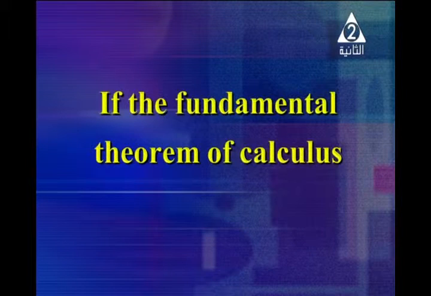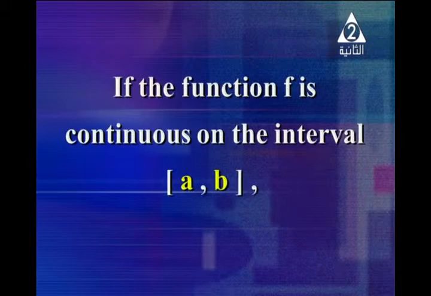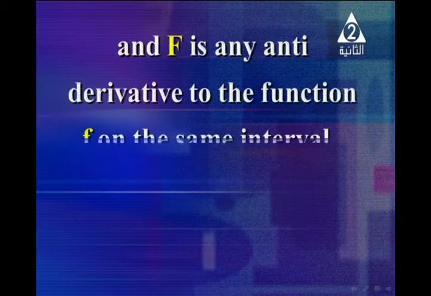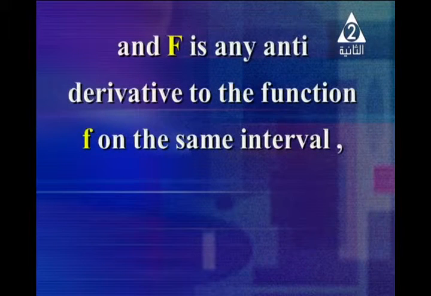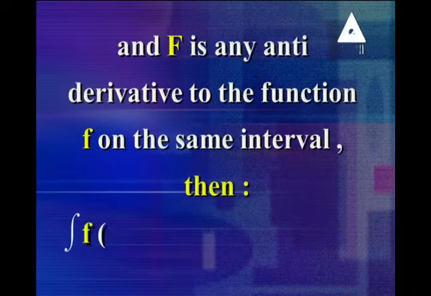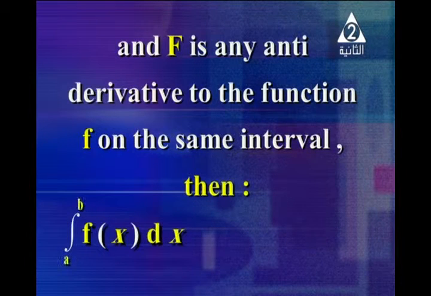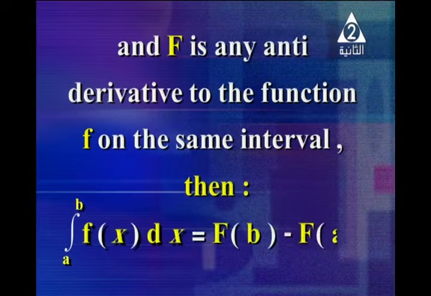The fundamental theorem of calculus: if the function f is continuous on the interval [a, b], and F is any antiderivative of the function f on the same interval, then the integration of f(x) dx from a to b equals F(b) minus F(a).